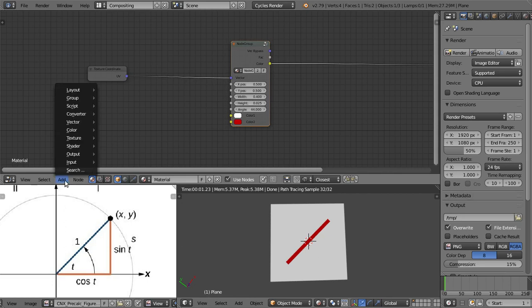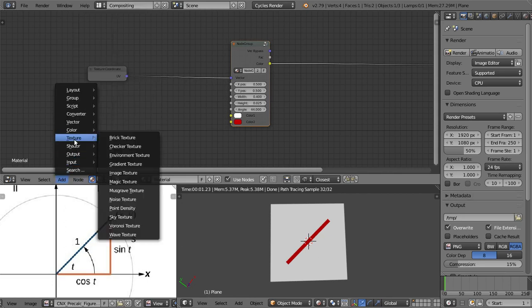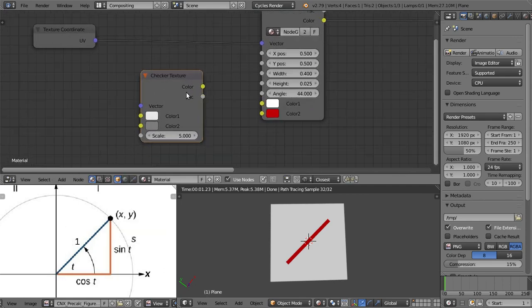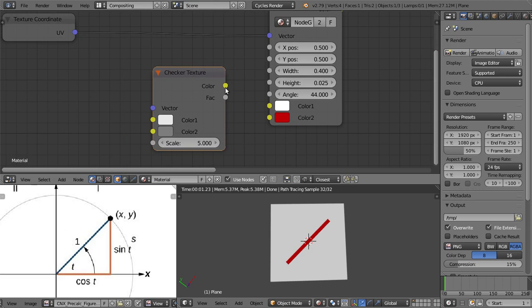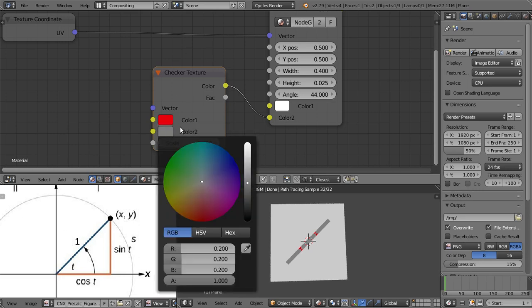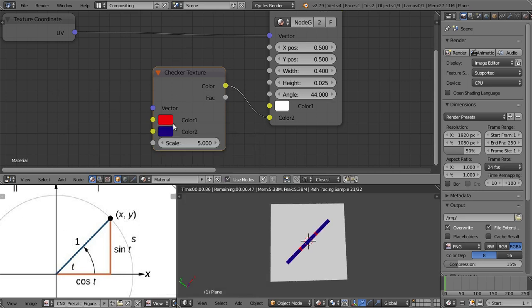And you can, of course, plug in stuff like checker texture. And you can do stuff like that.